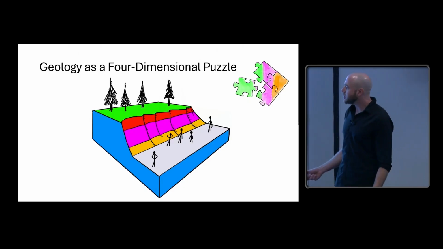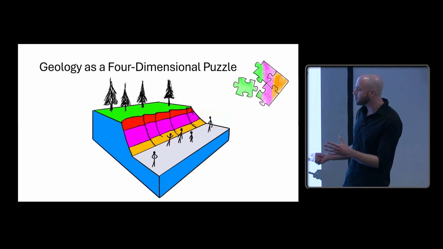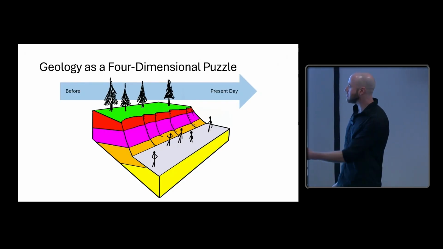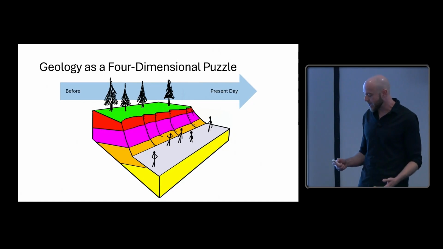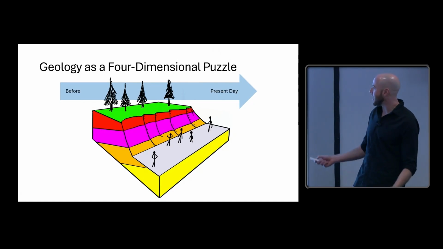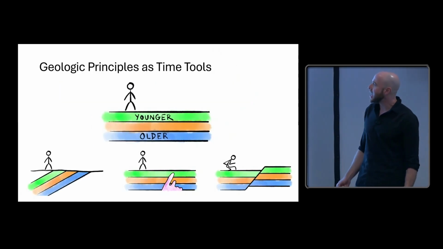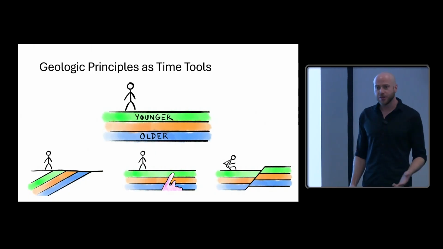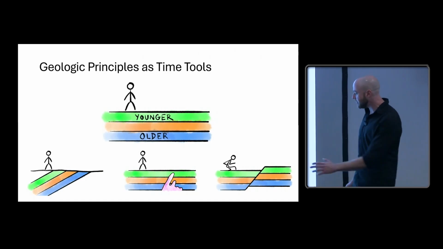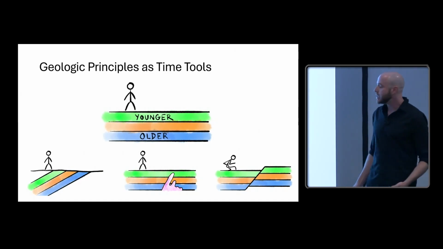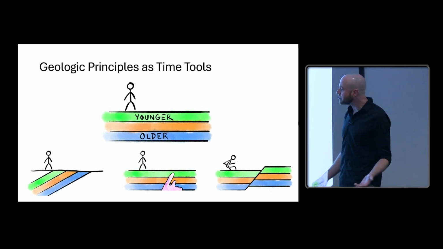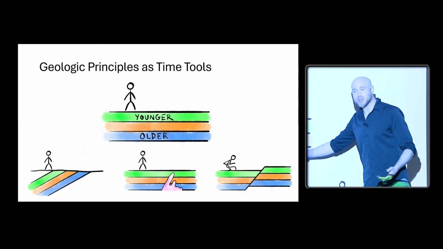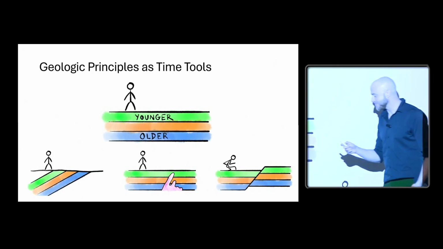But we also want to be able to interpret structures below the surface so that we can describe how these things evolved over time, hence the 4th dimension. And for the time piece, we use geologic principles to solve for time once we can visualize the structures below. So an example of a geologic principle would be younger rock layers are on top, older rock layers are on the bottom.